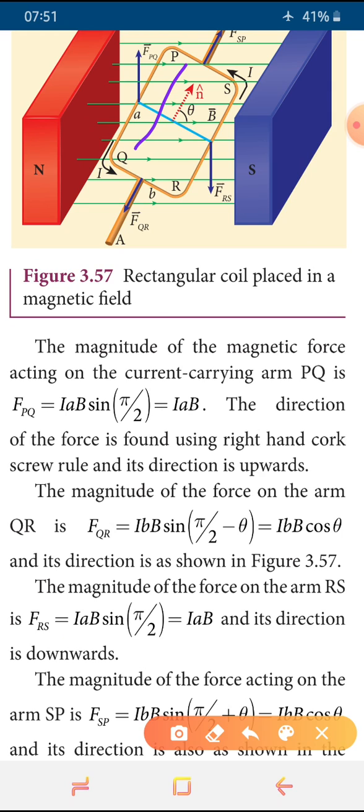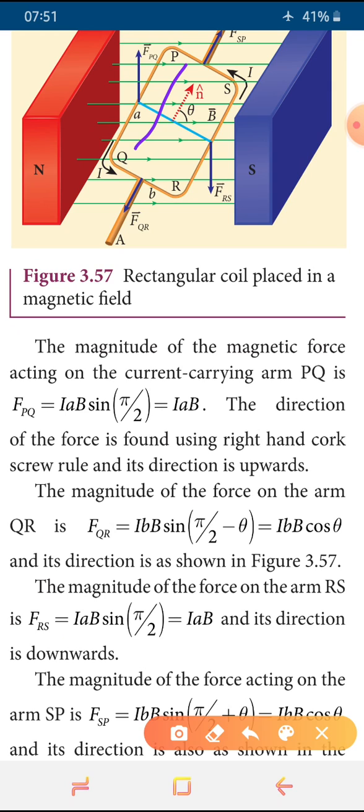The current is flowing in the direction of PQRS. We already have the formula for force: F is equal to BIL sin theta. இது நம்ம ஆல்ரெடி டெரைவ் பண்ணியிருக்கோம், லாரன்ஸ் ஃபோர்ஸில் டிஸ்கஸ் பண்ணும்போது அதிலே பார்த்துருக்கோம். We are going to use the formula for this arm PQ. Then the force on PQ we can write as F_PQ is equal to I A B sin pi by 2.